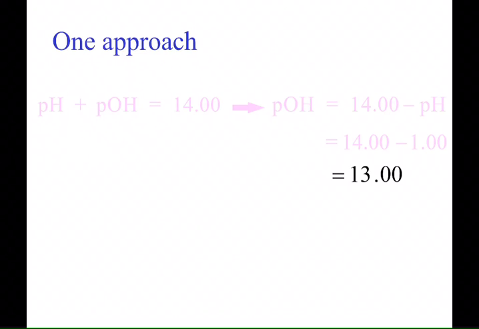So then the last thing, and this finally gets a little more interesting, we need to convert that pOH back to the hydroxide ion concentration. To do that, you take 10 raised to the negative pOH. So find 10 raised to the negative 13.00 on your calculators.